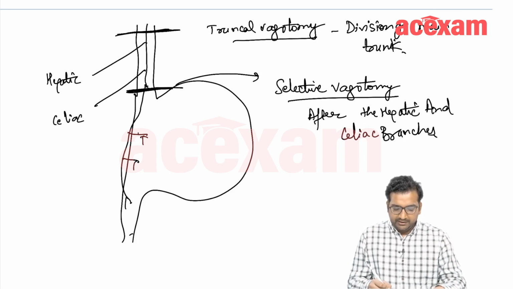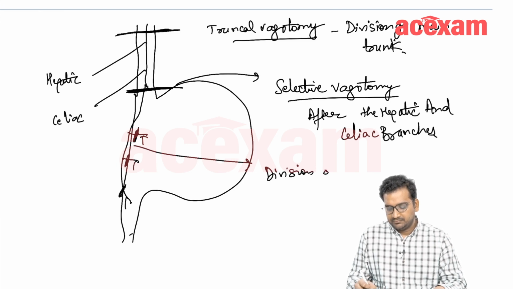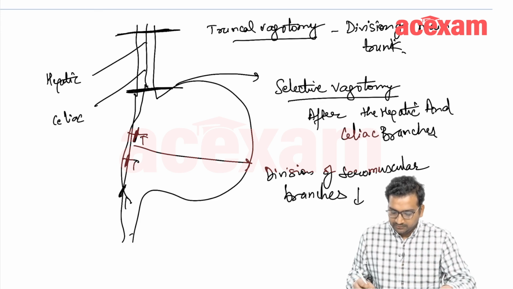And if we divide the seromuscular branches, the division of the seromuscular branches of the nerves will be known as highly selective vagotomy.